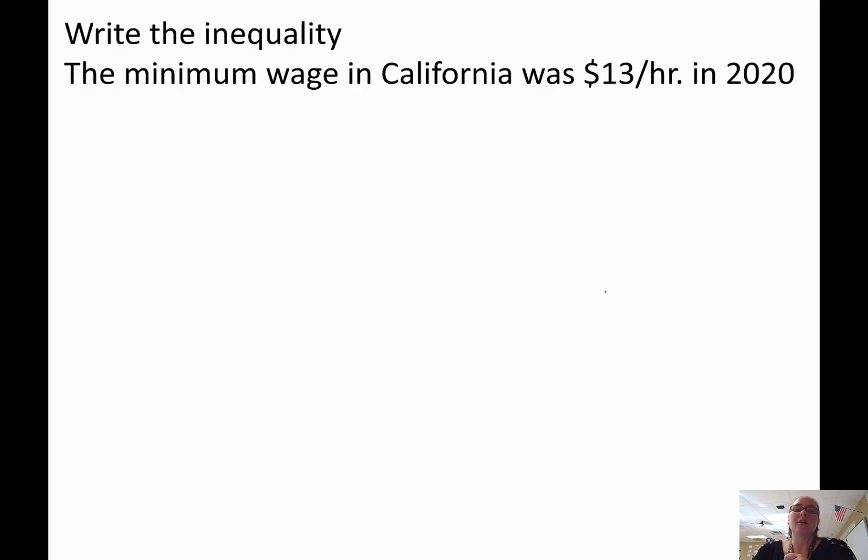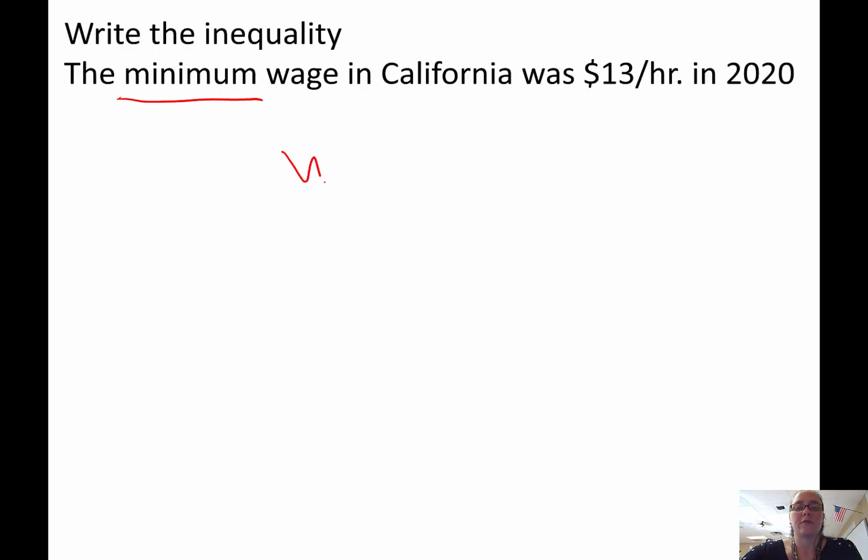All right, so we're going to write the inequality for this sentence here. The minimum wage in California was $13 per hour in 2020. We want to look for some keywords here to tell us what inequality we are using, and we talked about these a little bit in the last video. So minimum tells me that is the smallest amount it can be, and we're going to use W for wage.